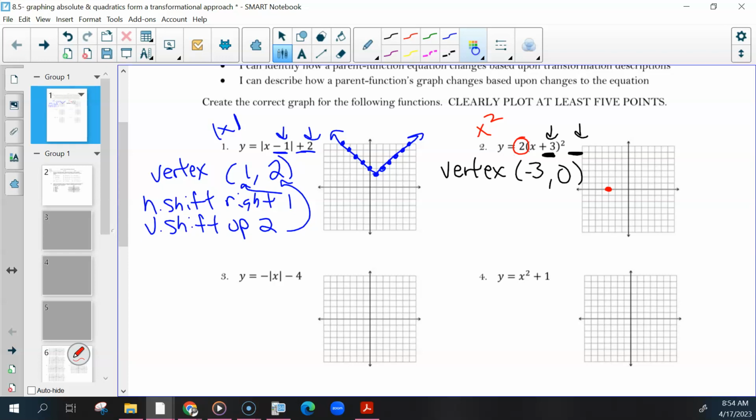But if you remember the original, it started at the vertex, and then it went right 1, up 1, left 1, up 1. If it's stretched vertically by 2, the right and left is still going to be 1, but now it's going to go up 2.